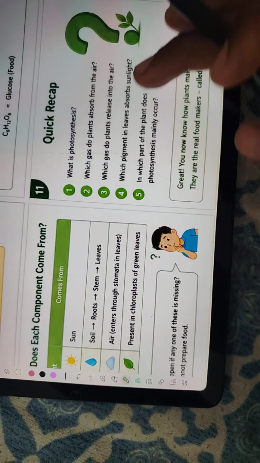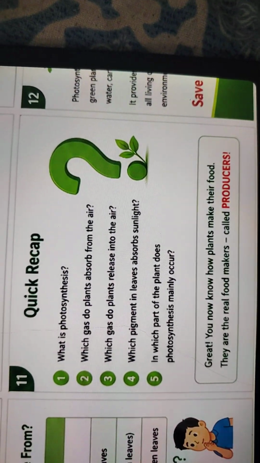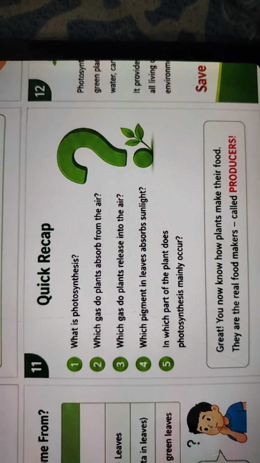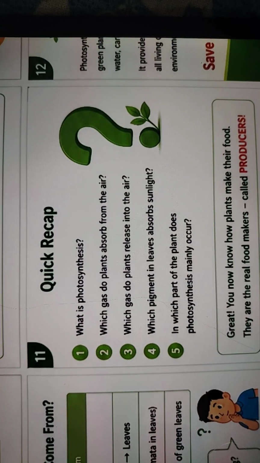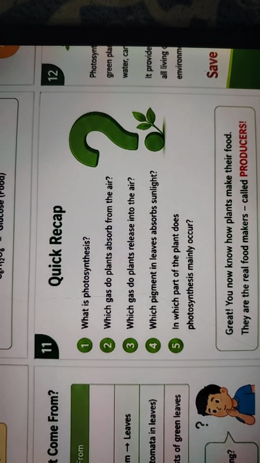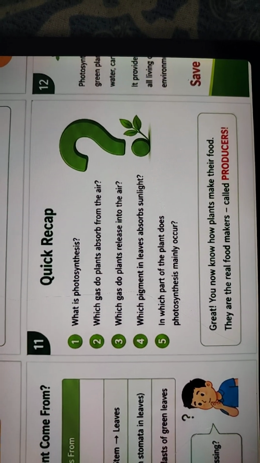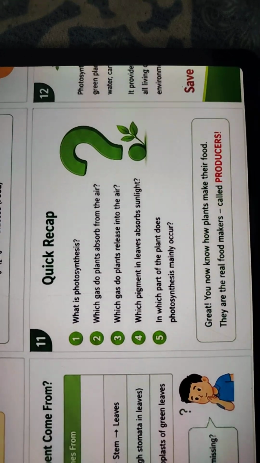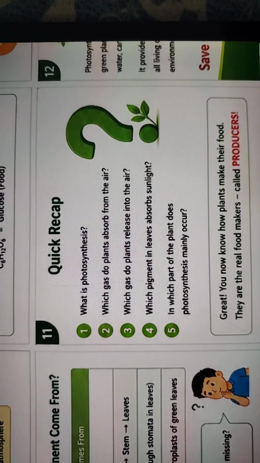So a quick recap and some questions. What is photosynthesis? Photosynthesis is basically a process by which green plants make their own food, and they use carbon dioxide, water, and sunlight to produce glucose, that is the energy source, and oxygen as a byproduct.